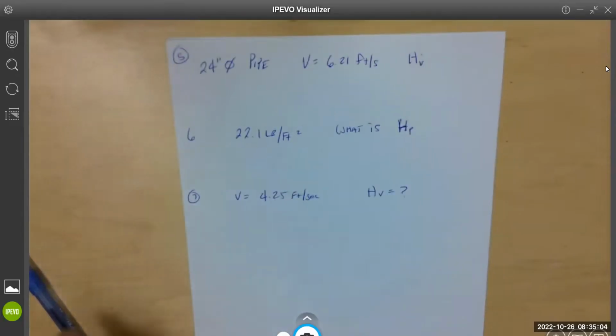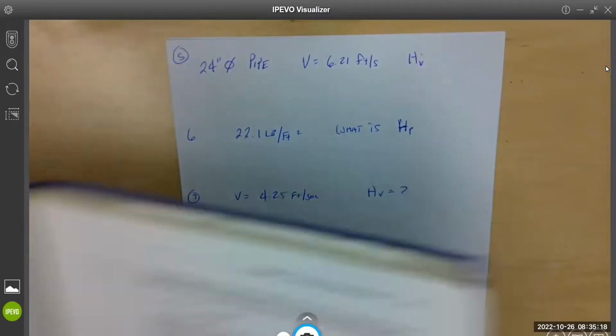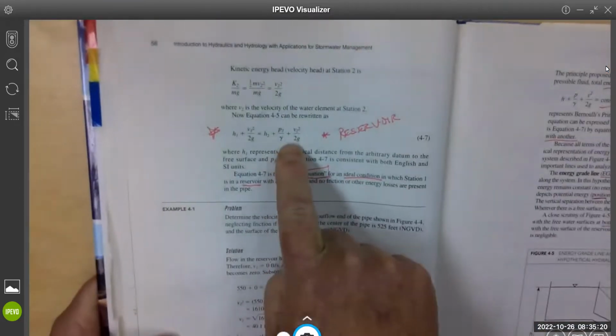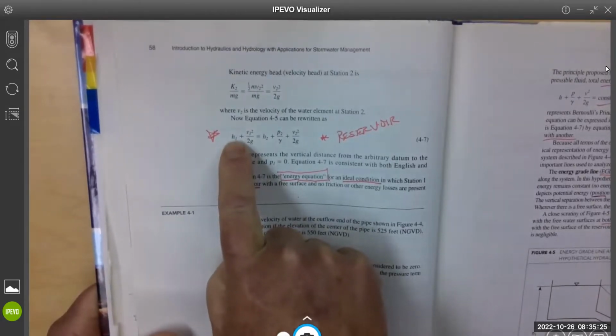All right, so 5.1 of velocity head, right? Yeah, so that's referring back to this conservation of energy equation. The simpler version is where we're at right now. That's this critter. So H1 is going to be potential energy head.